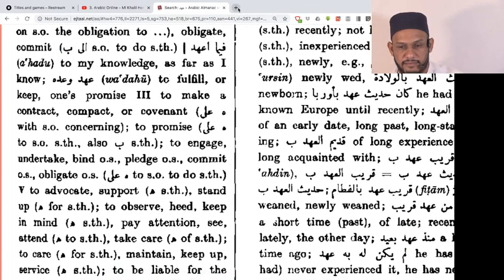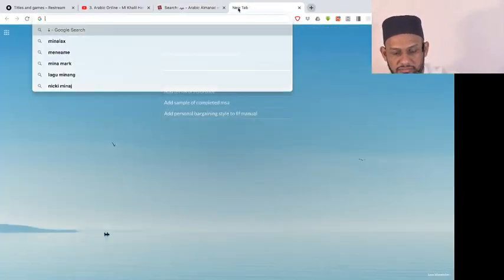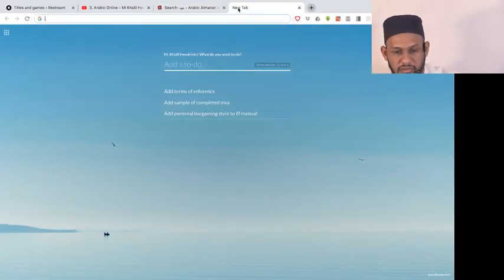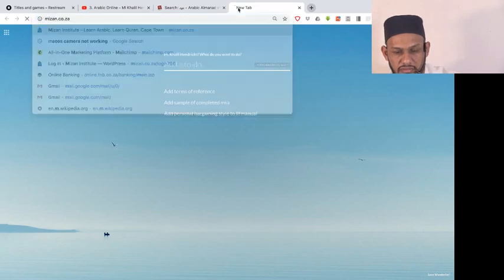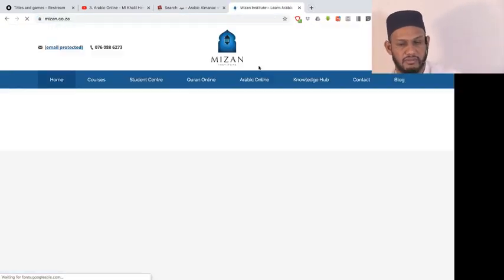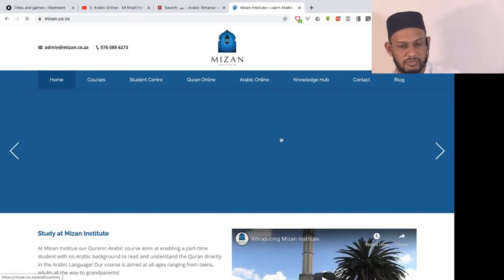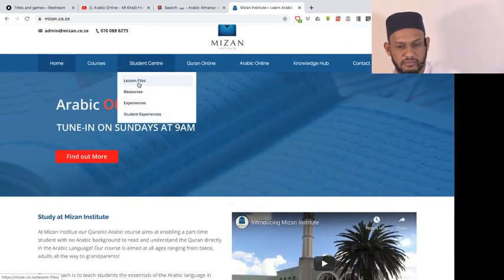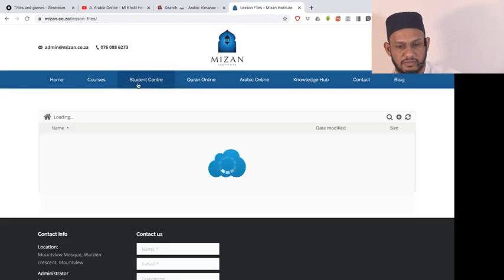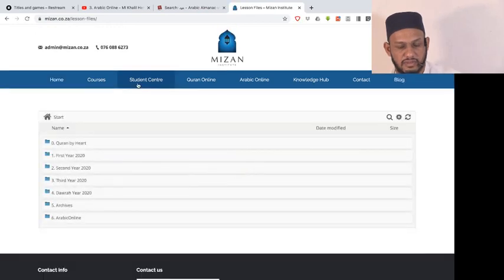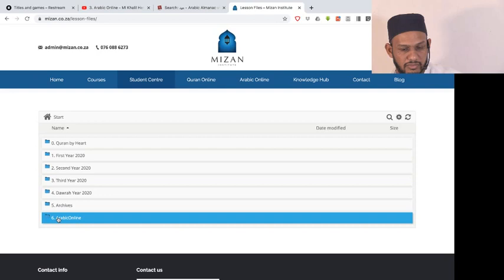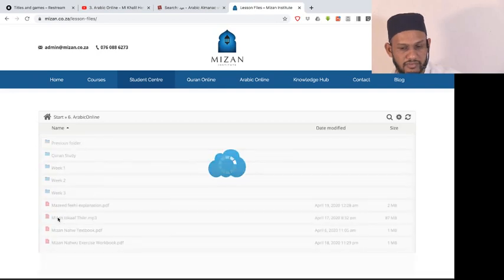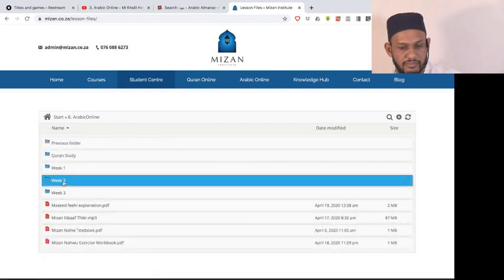If you go to Mizan, you can also just WhatsApp it to him, it will be easier. Mizan, and you go to Student Center Lesson Files. This thing works. Okay, it's working, alhamdulillah. Then you go to Arabic Online, and you go to week number 2.